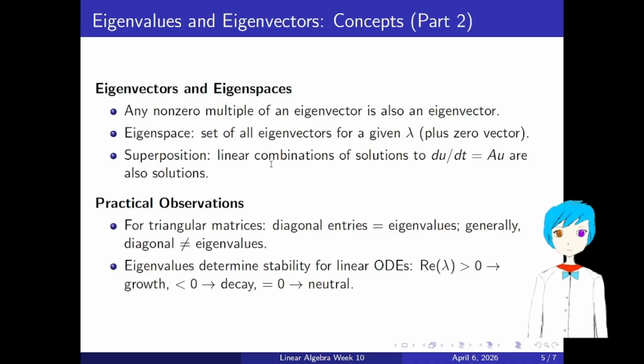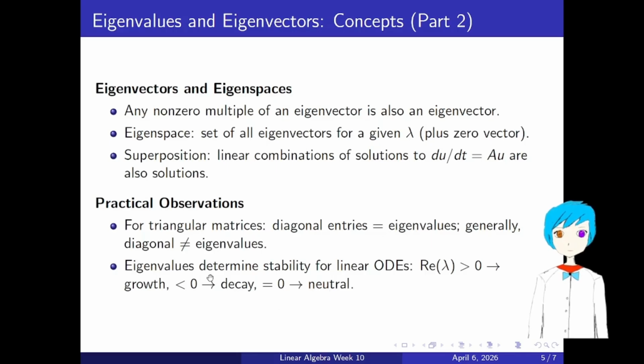Also, any linear combination of the vectors in the eigenspace is also an eigenvector, and that is called superposition of solutions to the equation. For triangular matrices, the diagonal entries are eigenvalues. Generally speaking, for general matrices, diagonal entries are not eigenvalues.